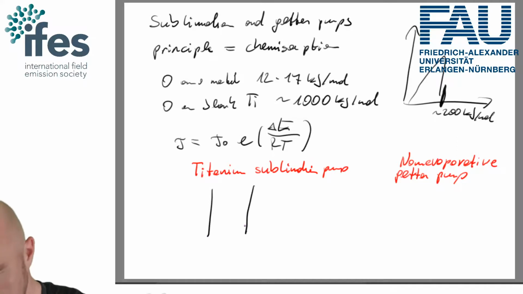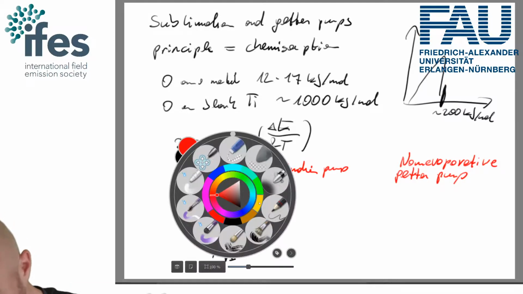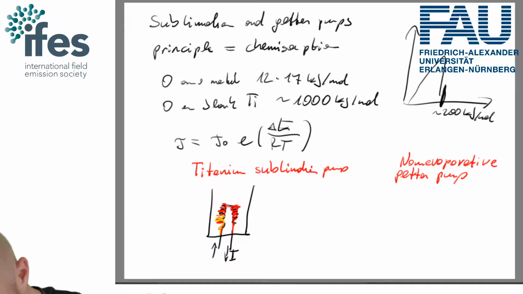Okay, and a titanium sublimation pump is actually fairly simple. So you have some kind of cylinder where you have a titanium filament, and you heat up the titanium filament. You have some kind of current I going through for resistive heating, and then you heat it up to a pretty nice red or red-yellowish glow.